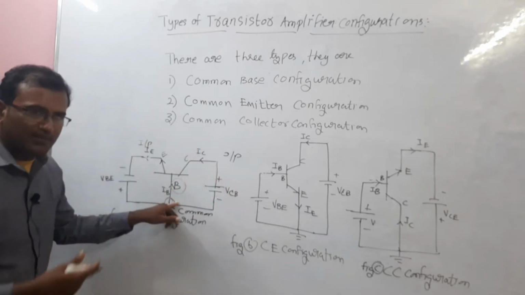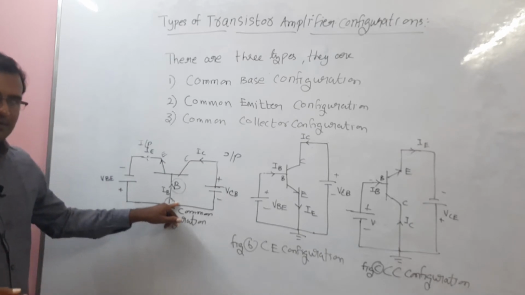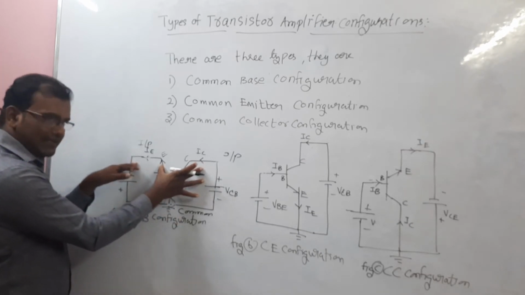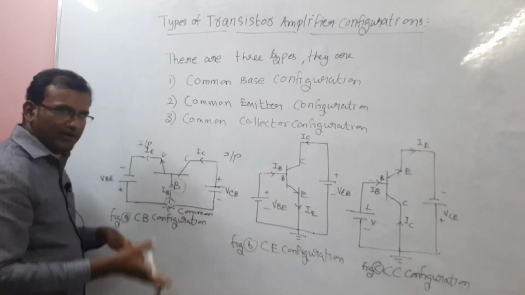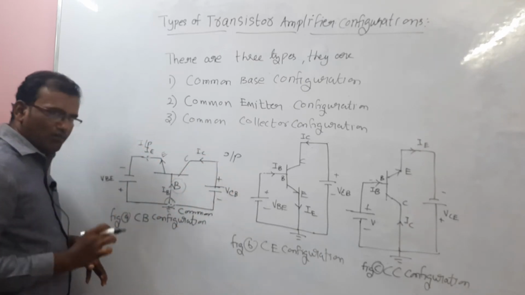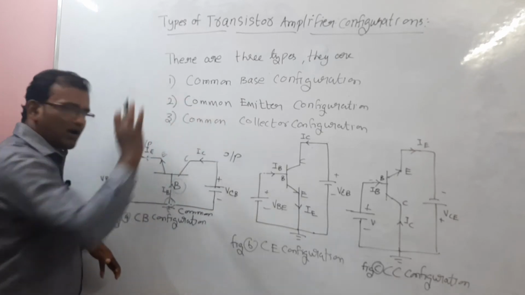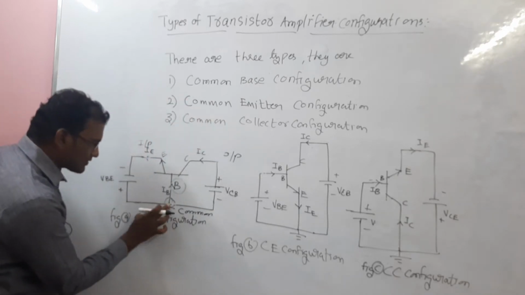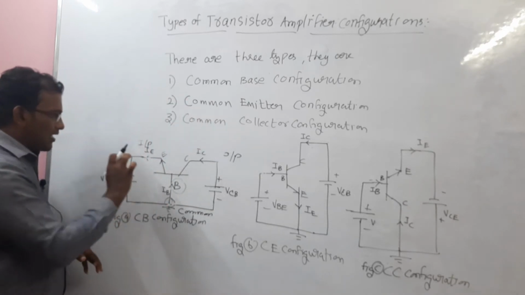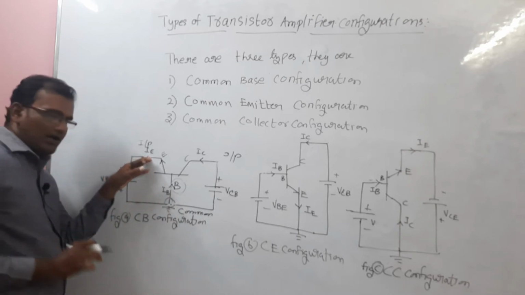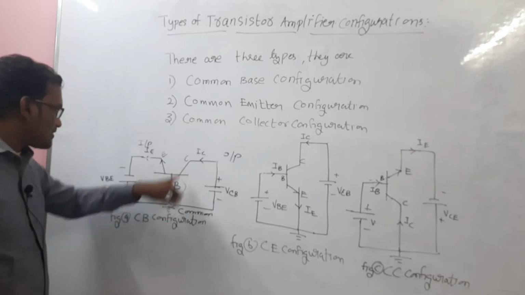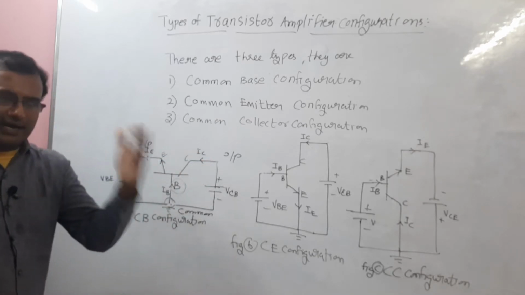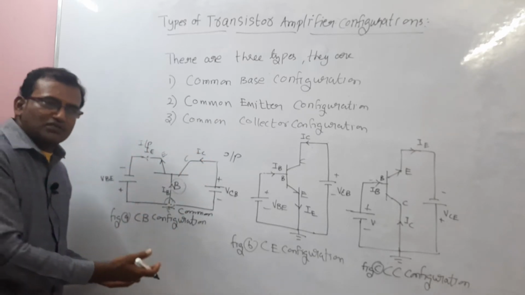I have drawn here base as the common. What are the remaining terminals? Emitter and collector. So this is the symbol of the transistor: emitter, base and collector. You can easily identify which one is common, which is input and which is output. Here base is the common terminal, input is the emitter and output is the collector. Is it clear? Based on these terminals you can identify what type of configuration it is.